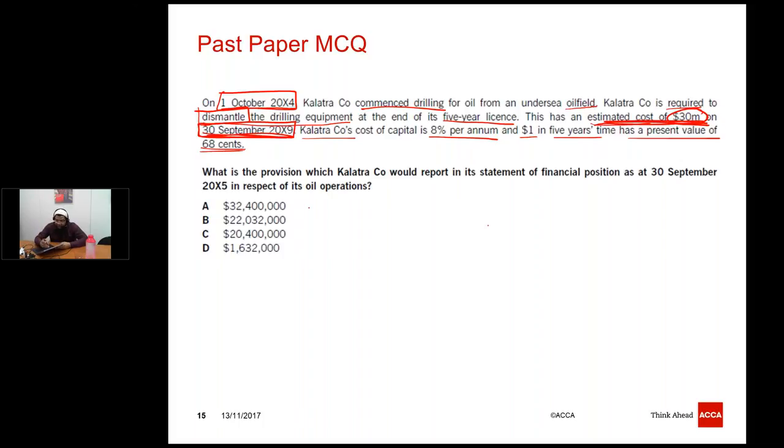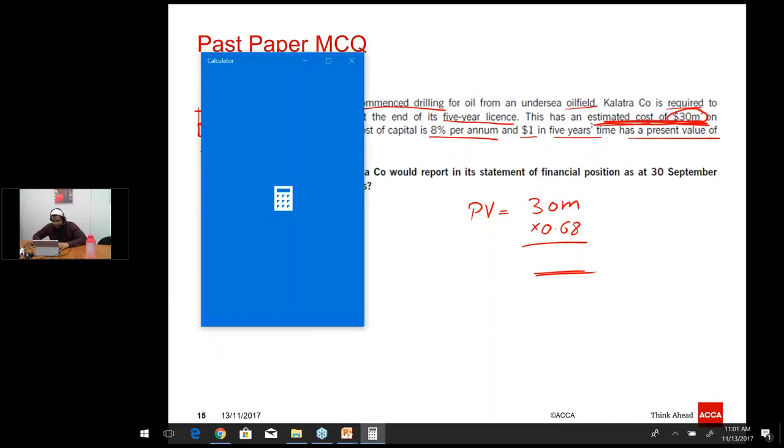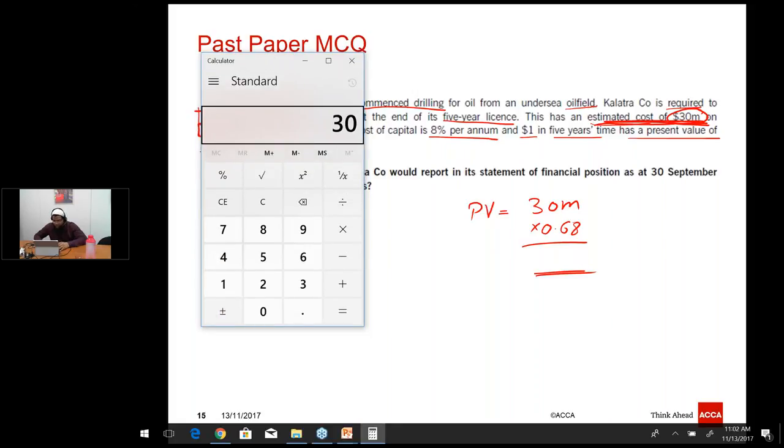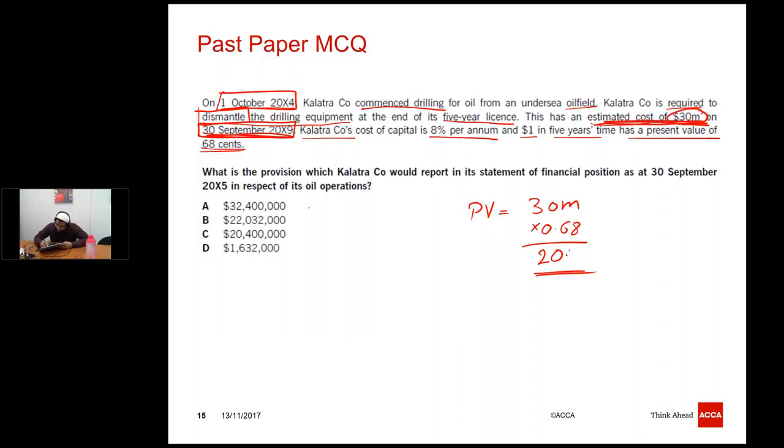So the question has already given us the discount factor. The present value is $30 million into 0.68. If I run a calculator, 30 into 0.68 gives us 20.4. So 20.4 million is the present value on 1st October 20x4.